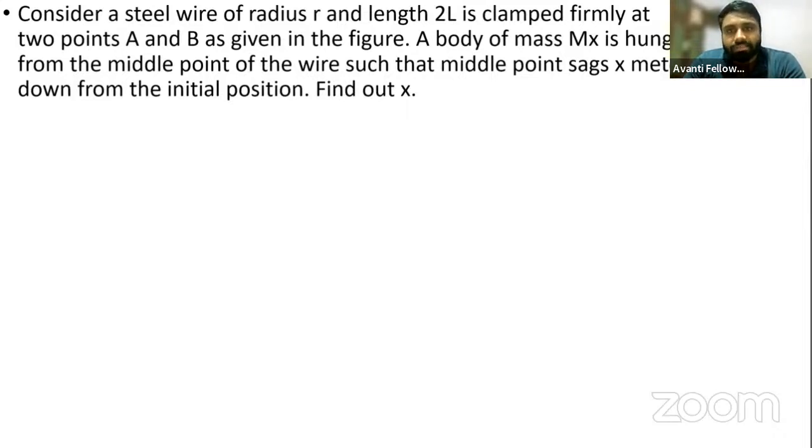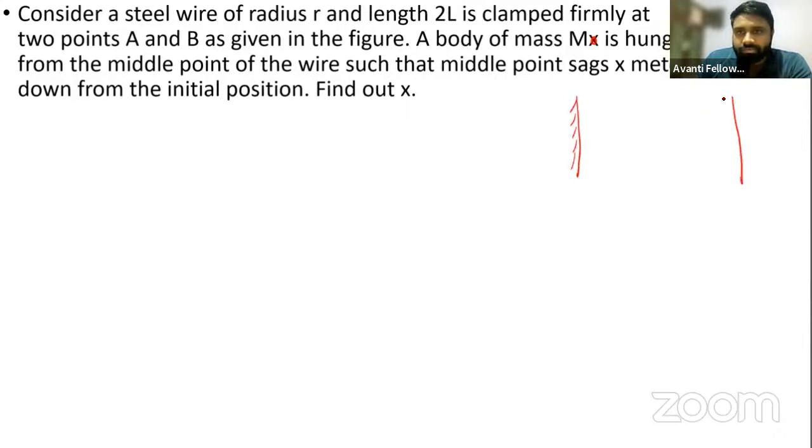A body of mass M, it's not x, this x is not here. A body of mass capital M is hung from the middle point of this wire such that the middle point sags x meters down from the initial position. We have to find out the x. So the figure looks like this.